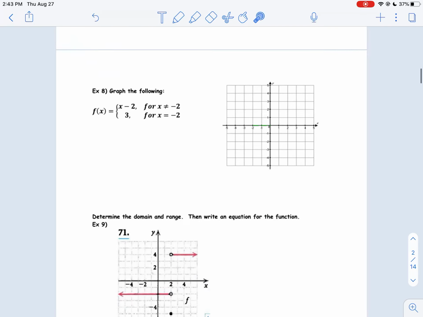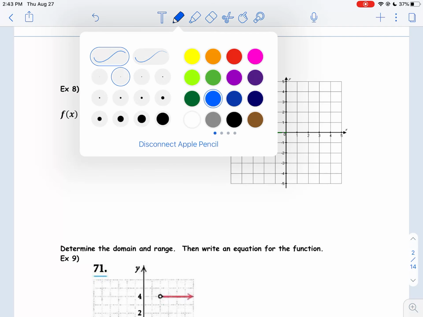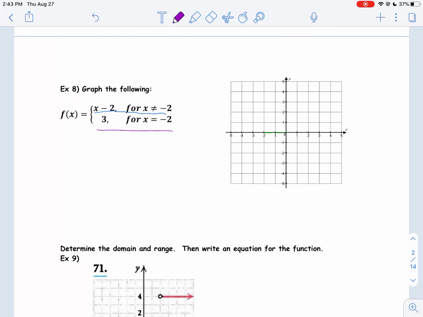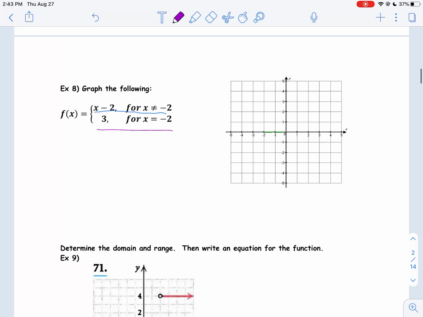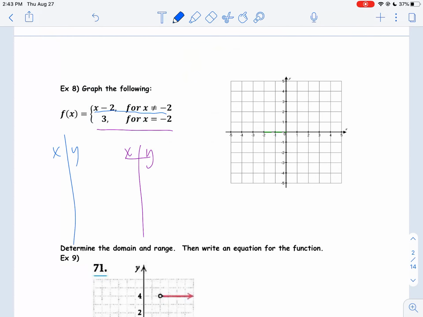Let's take a look at this example here. x minus 2 when x is not equal to negative 2, and y equals 3 when x is equal to negative 2. So let's go ahead and make a couple tables here. And again, if you see some shortcuts, please use them.